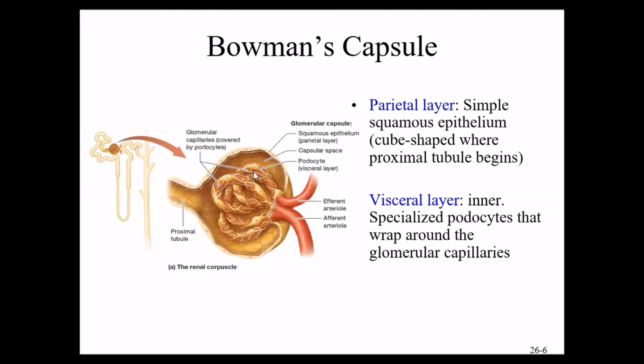And then the inner part of the Bowman's capsule is called the visceral layer, and that is made out of specialized cells called podocytes. What those podocytes do is wrap around all of those glomerular capillaries on the inside. So the visceral layer is made up of these podocytes, and I'll show you another picture of the podocytes.